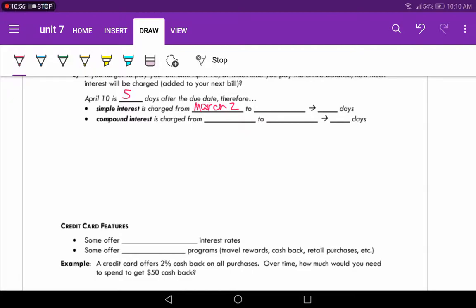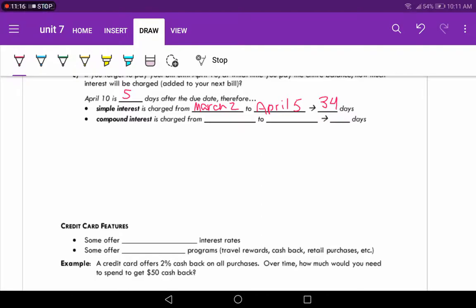If you would have paid it in full before the due date, you would not have to pay any of this interest. Okay, so simple interest is charged from the day you purchase up until the day you get your bill, okay, which is 34 days.